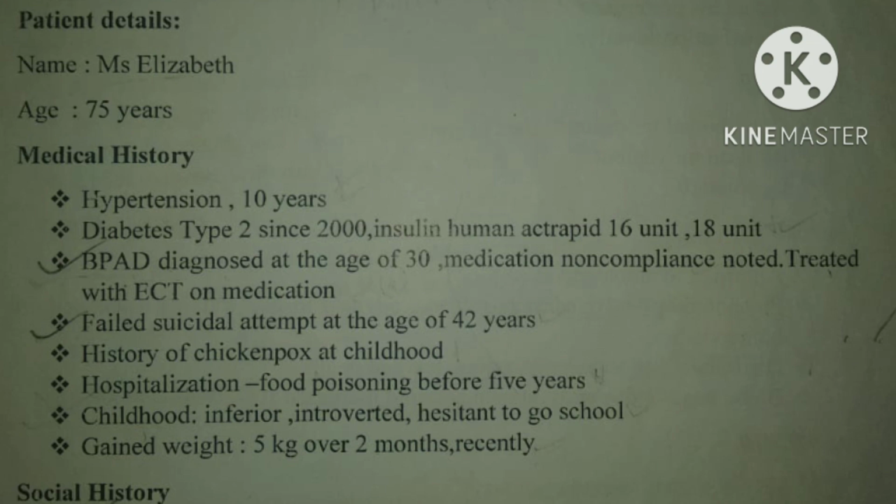However, she is non-compliant with her medication. Then what else did she have? She had a suicidal attempt at the age of 42. She was an introvert and felt inferior during her childhood and had no social involvement. So we have to inform everything regarding her mental status.